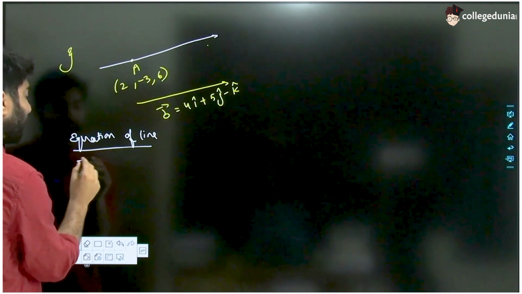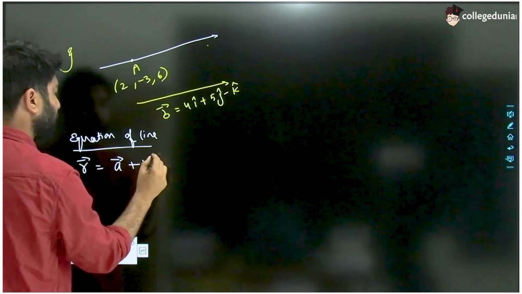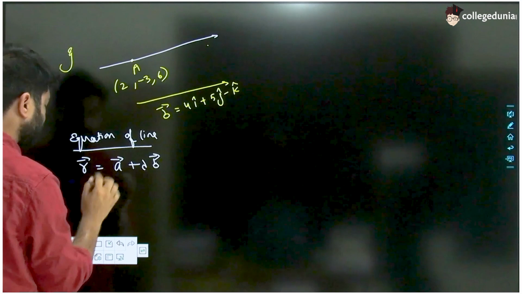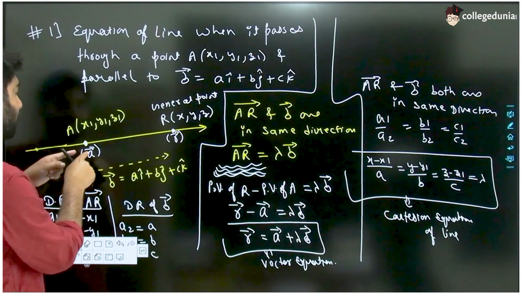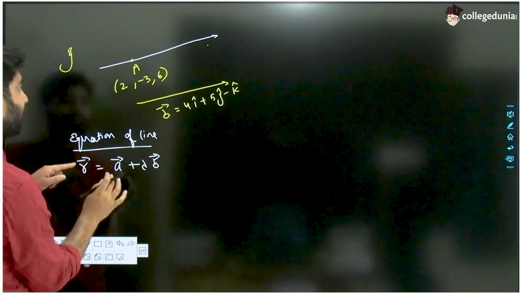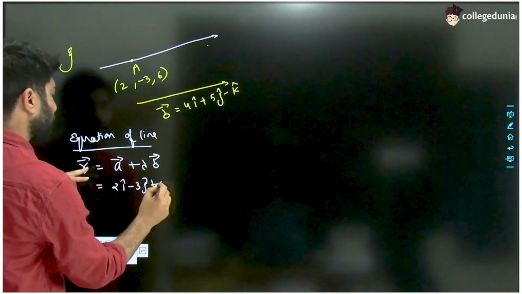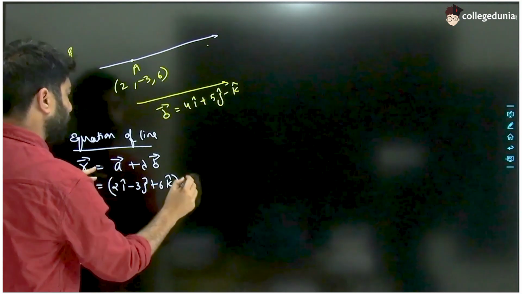So the equation of the line passing through point A and parallel to this vector B: the vector equation is r vector equal to a vector plus lambda b vector. This a vector is the position vector of the point through which the line passes, so a vector will be 2i minus 3j plus 6k plus lambda.